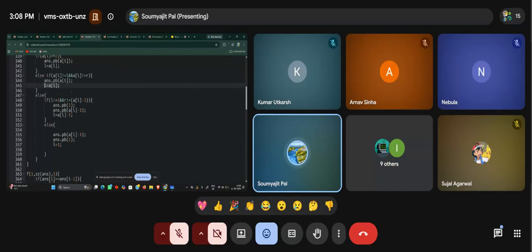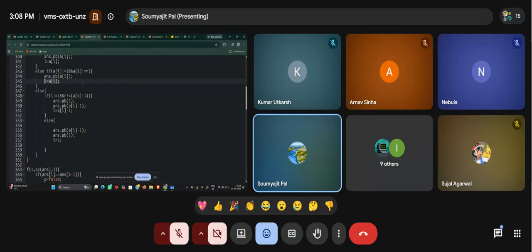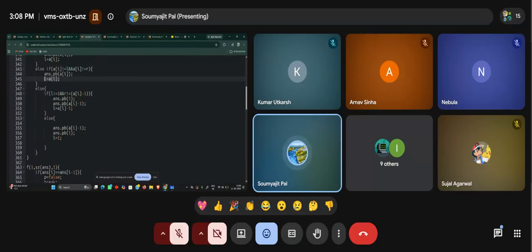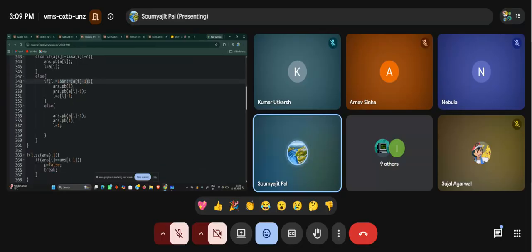Else, if it is equal to either L or R, now I have to check. If my L value is not equal to 1, and R value is not equal to Ai minus 1, that means I can push 1 comma Ai minus 1, right? So I push these two elements and update the L value here.